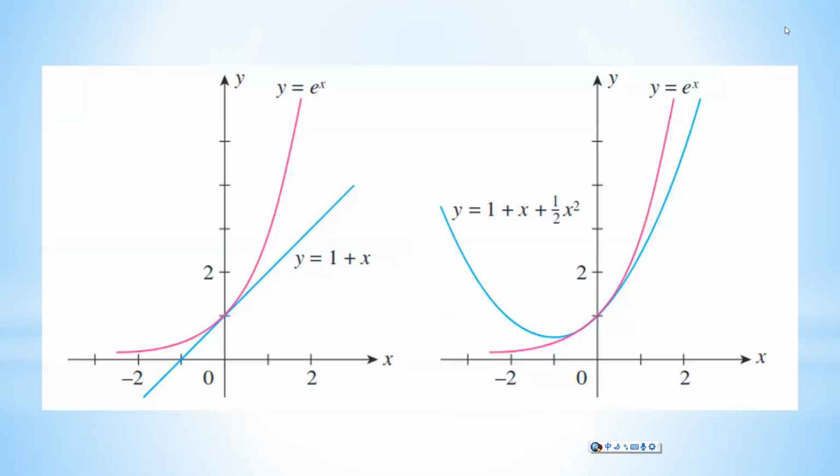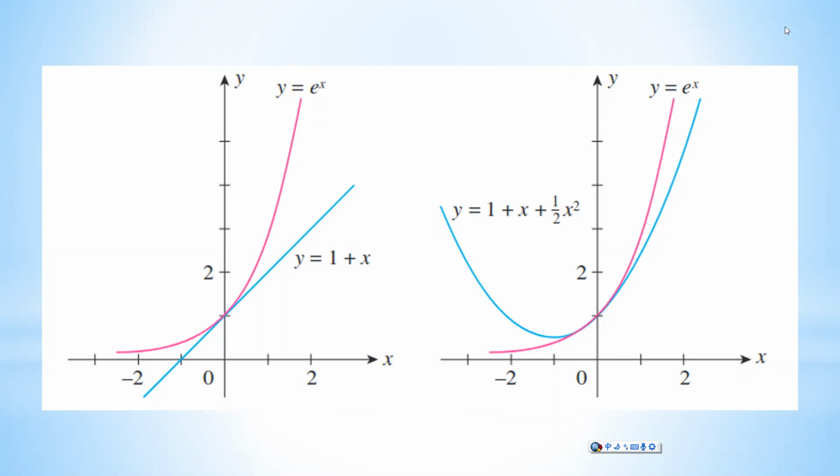Now, graphically, I'm not going to show you the graph of the constant approximation. That's too simple. The red curve is e^x. Here, y equals 1 plus x is the linear approximation, and you can see that this linear function represents the tangent line.